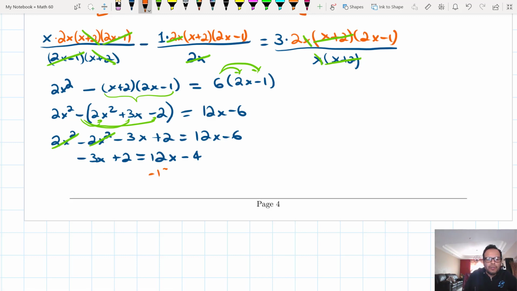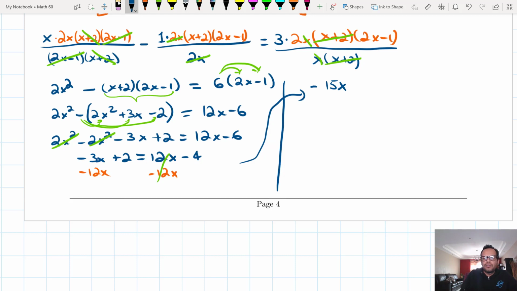So let me subtract 12x. Okay, we're running out of space here. Let me move to this part of the page. When we subtract 12x from negative 3x, we get negative 15x plus 2 equals negative 4, and then subtract 2 from both sides.